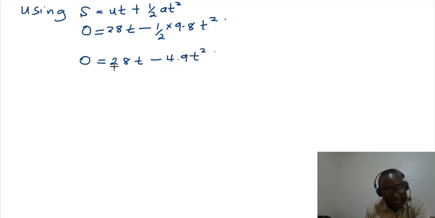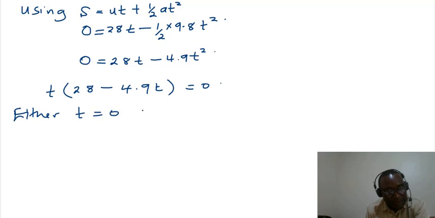We can factorize out a t, so that we have t into bracket 28 minus 4.9t equal to 0. So either t is equal to 0 or this bracket is equal to 0.